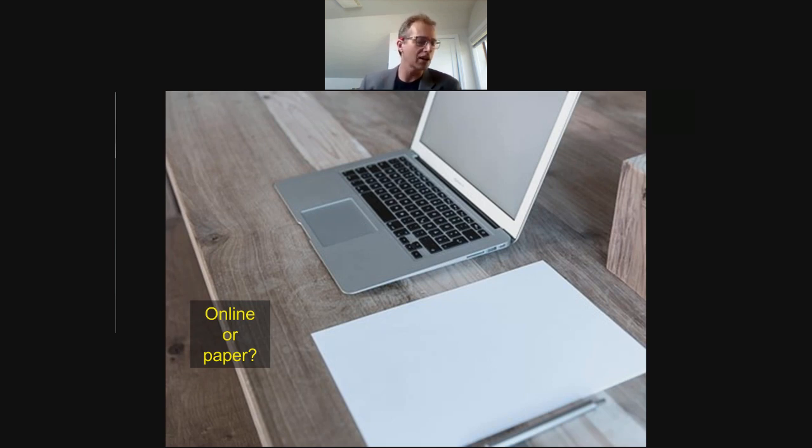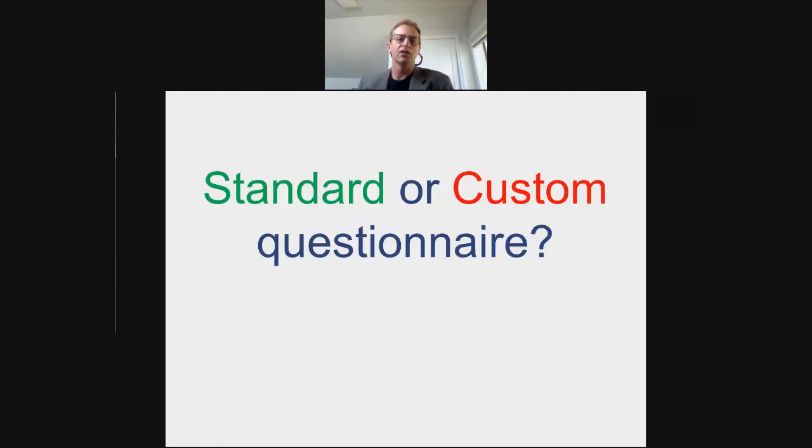Now, if you're going to go with online, once again, you have two choices. And that is about the questionnaire. Do we use a standardized questionnaire or a customizable questionnaire? What I mean by this, a standard questionnaire means some third-party organization has said, here's a 360 questionnaire. It's got these questions. The report looks like this. Here is our guide on how to deal with your report.